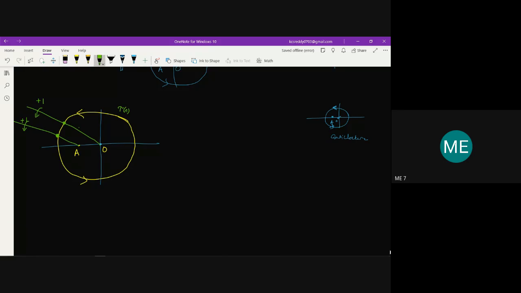Similarly, if I take one more path, suppose I have a path that consists of, for example, like this and like this and like this. Here I have taken points A and O. Say here is A and here is O, and the direction is also very important here.